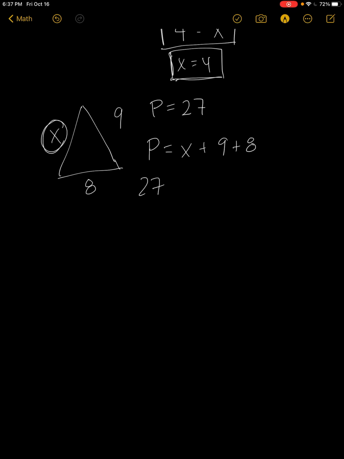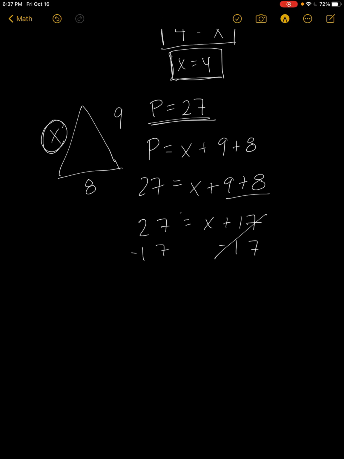And I know the perimeter, they gave it to me up here, it's 27. And now I can just solve this. I'm going to add these together, so that's 17. I'll minus 17 from both sides. So 27 minus 17 is 10. Carry down my equal and carry down my x. So this missing side is equal to 10.